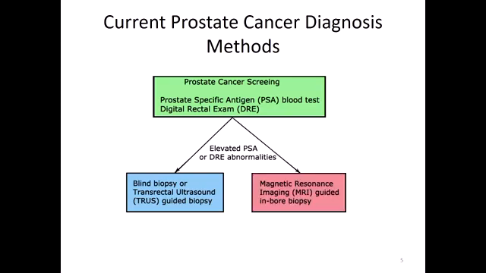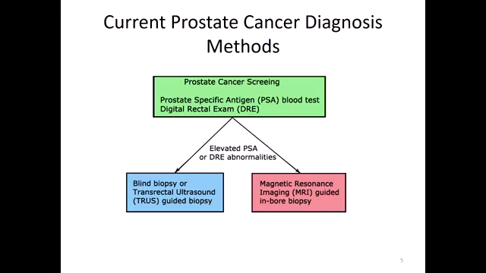Now, down the other line in biopsy is magnetic resonance imaging, MRI-guided in-bore biopsy. Very large word. It's image-guided obviously, but instead of the TRUS biopsy, we use the MRI machine. Now this, obviously using the MRI machine, is more expensive, and some facilities may not have access to the MRI machine, so they would default to the other methods.